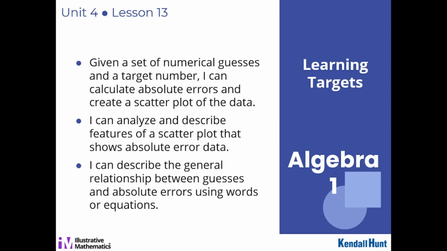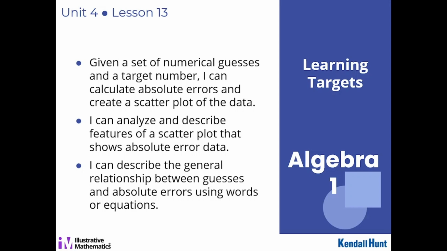Before we finish this lesson, let's go back and look at our learning targets and make sure you understand what you're doing. Learning target number 1, given a set of numerical guesses and a target number, I can calculate absolute errors and create a scatter plot of the data.